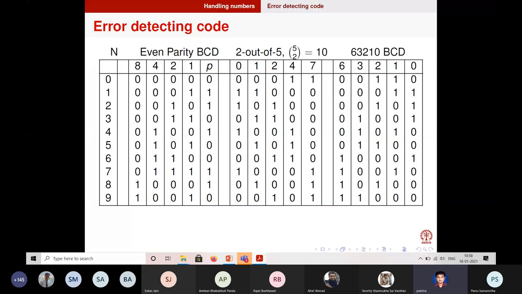That means suppose in any of the code, one of the bits is in error, either due to communication or something, so it is not the actual value that should have been. So there are two things we need to do. We'd like to detect whether at all there is an error, called error detection. And then we can do an error correction. That means we find out which position in the bit string is actually in error, so that we can flip that position, complement that position. Okay, maybe we'll do it in the next class.